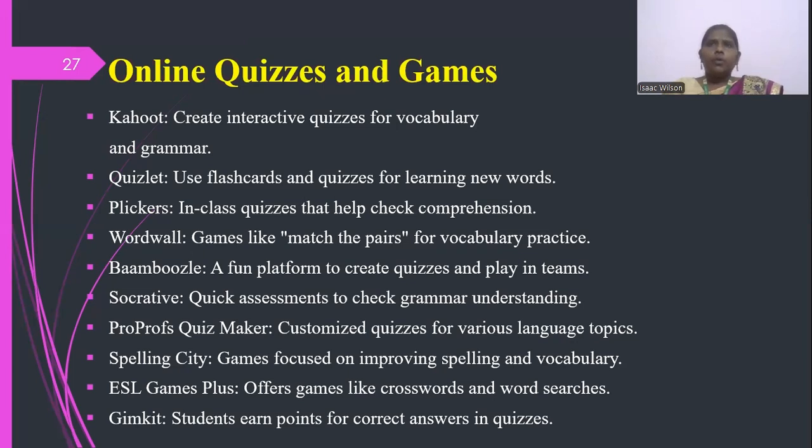I hope you have come across Socrative, and ProProfs Quiz, Spelling City, ESL Games Plus. It contains lots of crosswords and puzzles, and we have Gimkit, where you can earn points for all the correct answers you give.